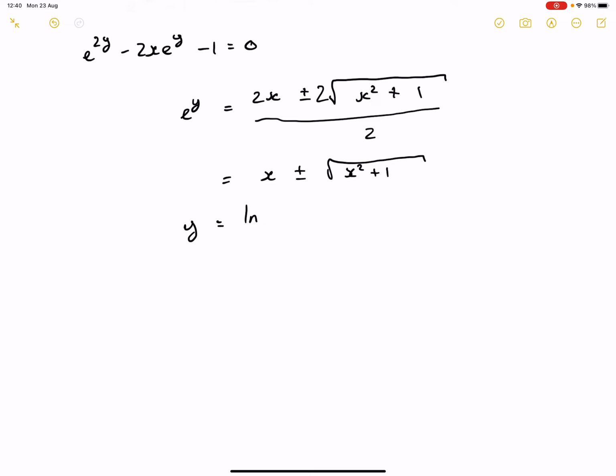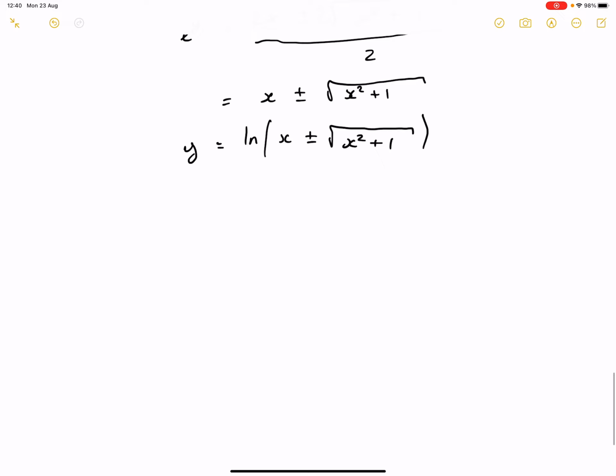It's the most useful log, so it's just called log, of... Well, log is just base 10, but the natural log of x plus minus the square root of x squared plus 1. Now you would think you're done here, but you're not, because you have to check this plus minus.